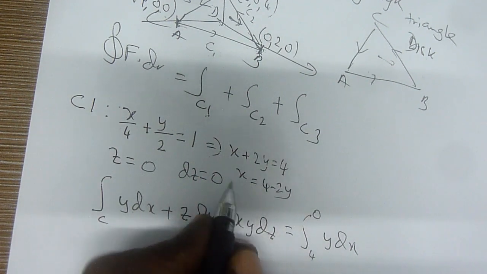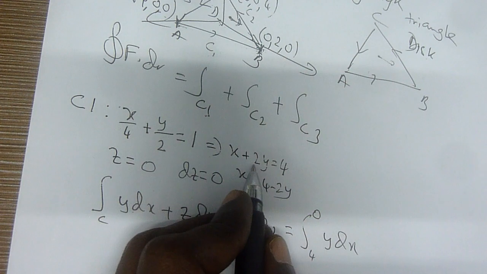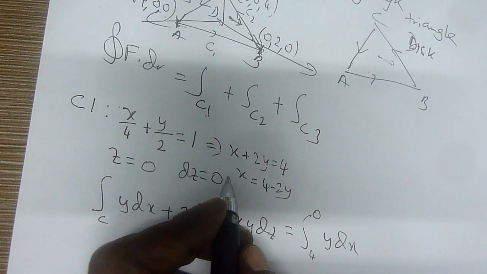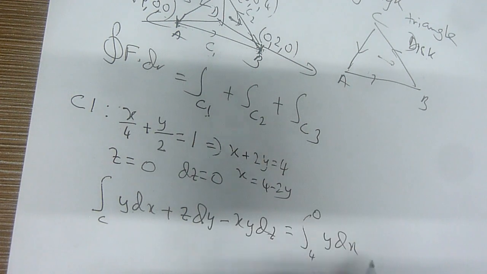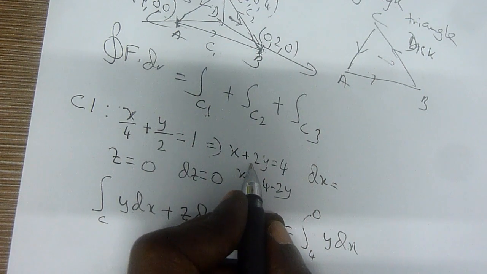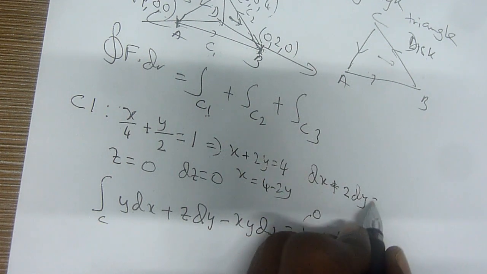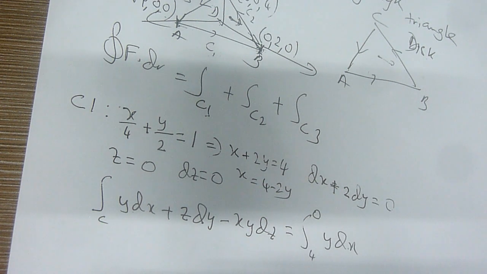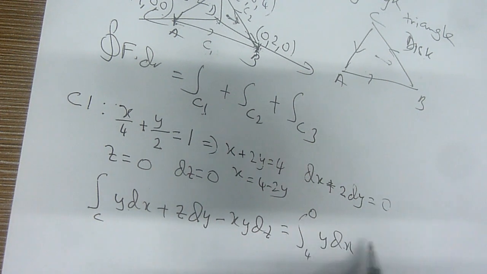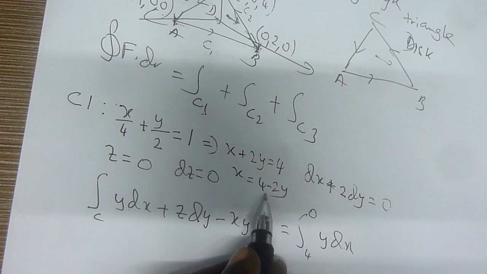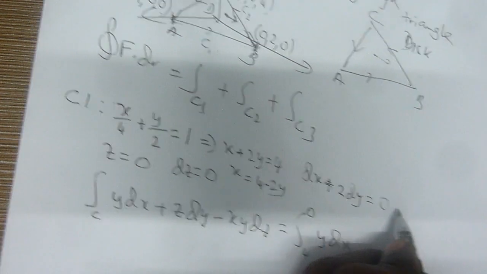Then dx plus 2 dy equals 0. If you want to change dx to this, you will get a negative. Or you can change it to y also, no problem. I'm just showing you various ways to handle the problem.